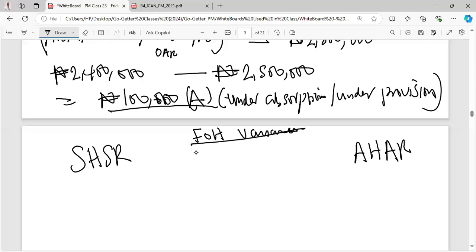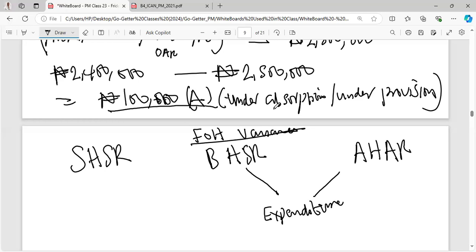I want to put something in the middle: budgeted hours, standard rates. So what it means here is that this should give you expenditure.